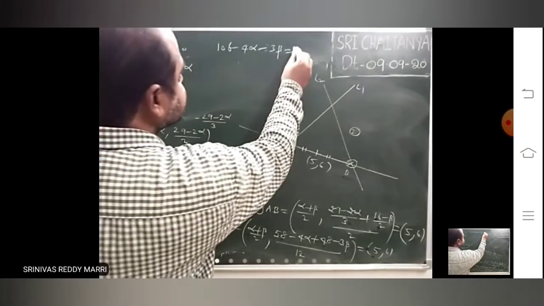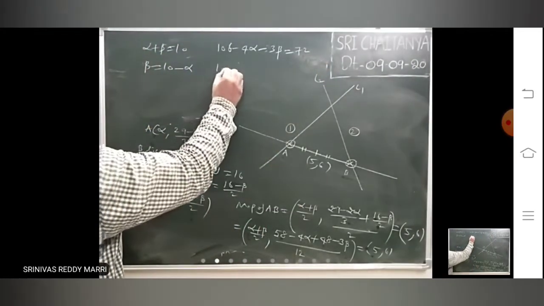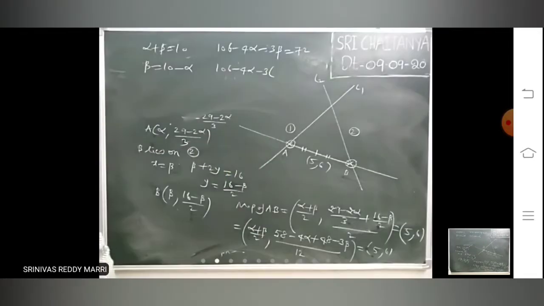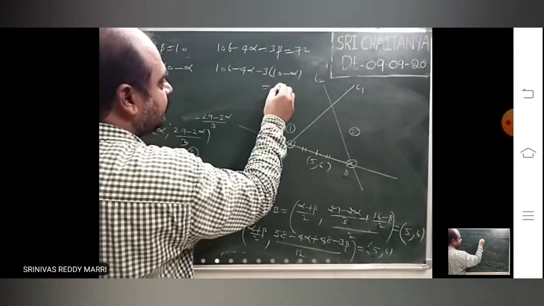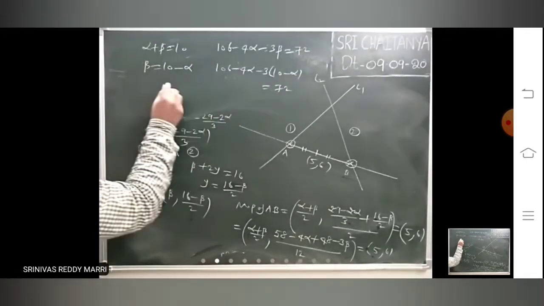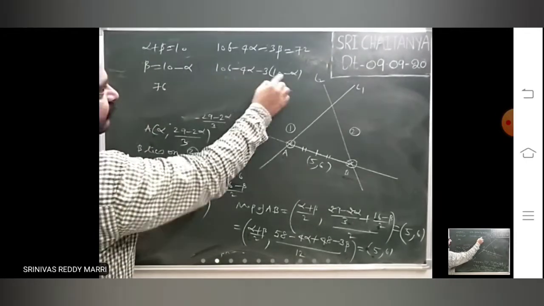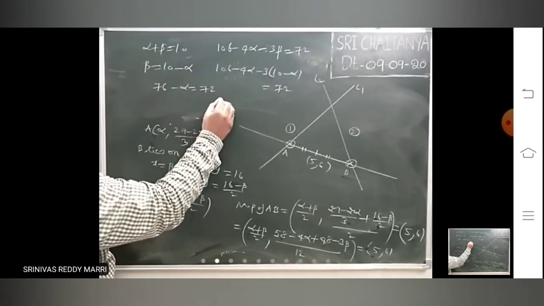So 12 into 6, 72. That means 106 minus 4 alpha. Now I am taking beta is nothing but 10 minus alpha equal to 72. So 106 minus 30, 76 minus 4 alpha plus 3 alpha minus alpha equal to 72.